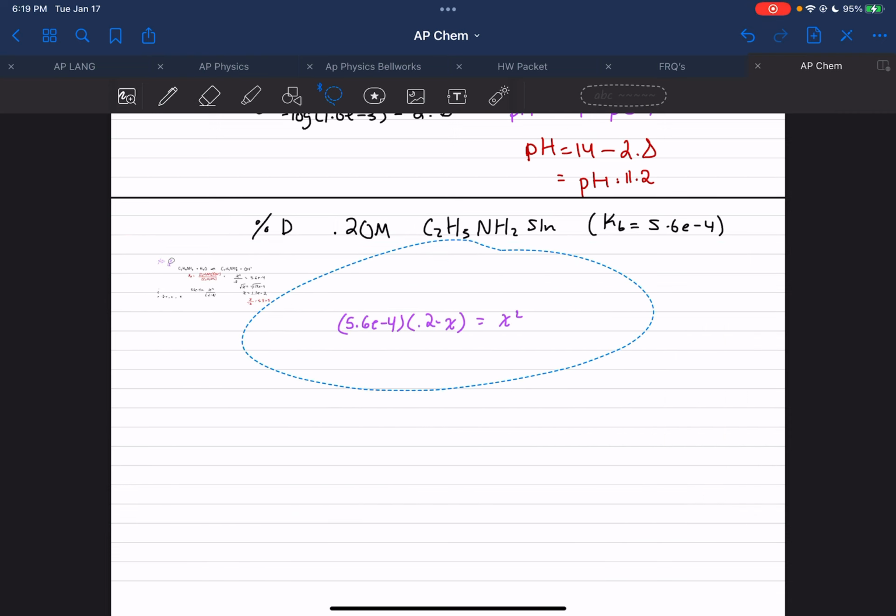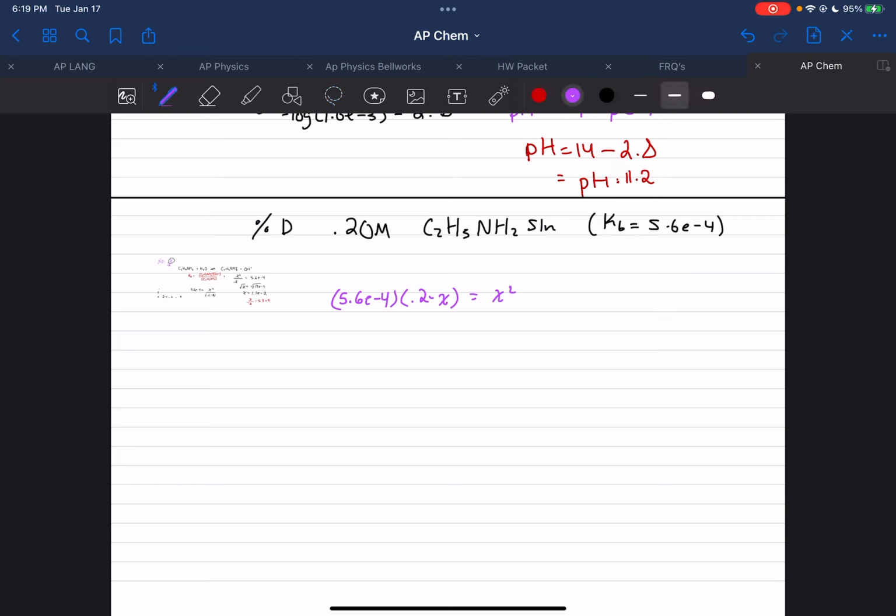Okay, so quadratic formula. We have the X squared. I'm going to distribute, and it will be minus 5.6 E negative 4 X plus 5.6 E negative 4 times the 0.2 again, which gives you the 1.12 E negative 4.